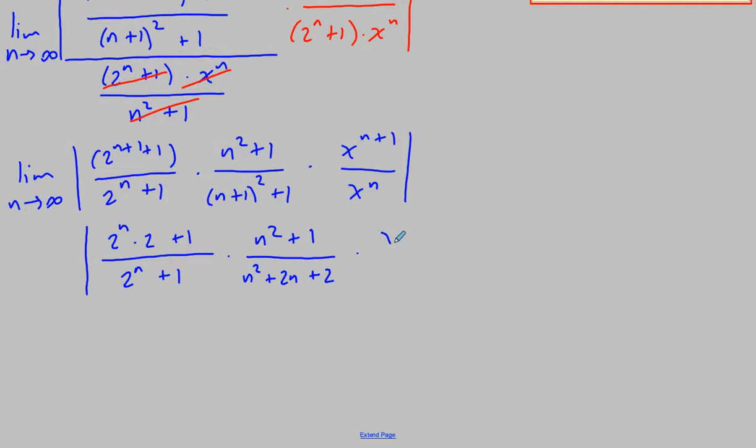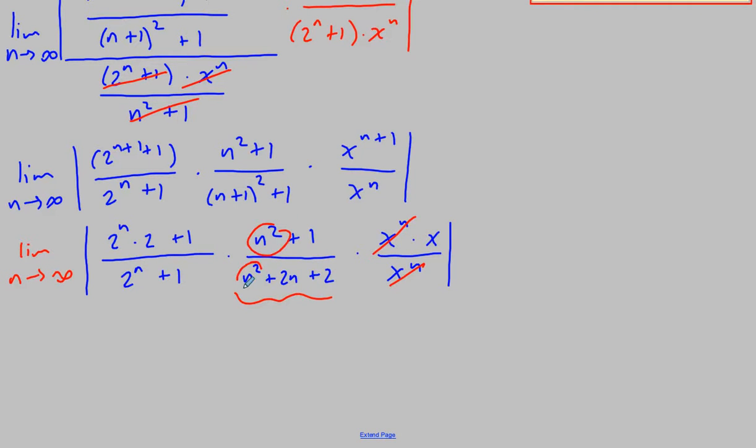And finally, this is x to the n times x to the first, divided by x to the n. I get my x to the n's canceling, so that's going to leave us with just an absolute value of x.